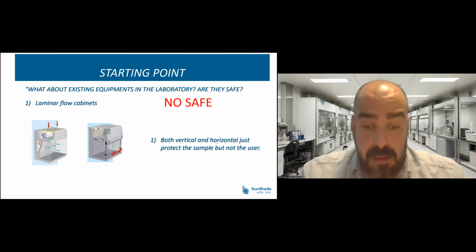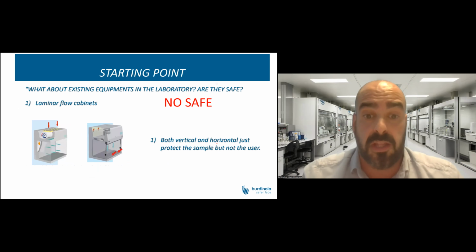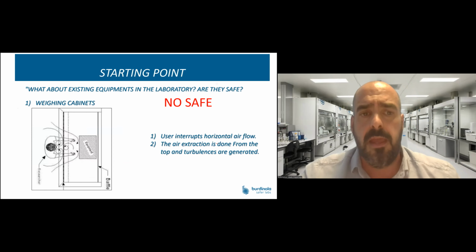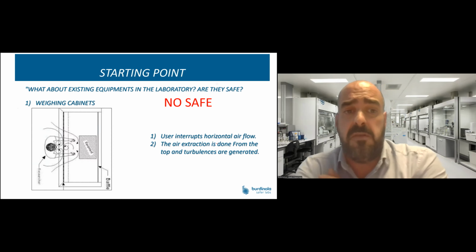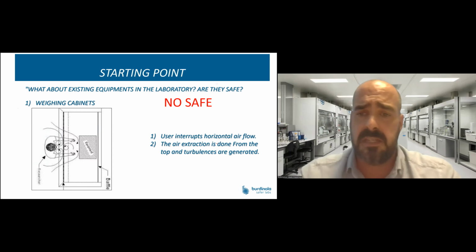The same goes for the laminar flow cabinets, both vertical and horizontal: they just protect the sample, but don't protect the user. In some cases, as I have mentioned before, the weighing process is quite used for this kind of materials.